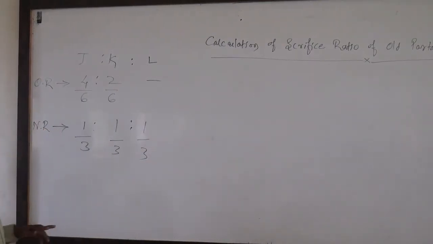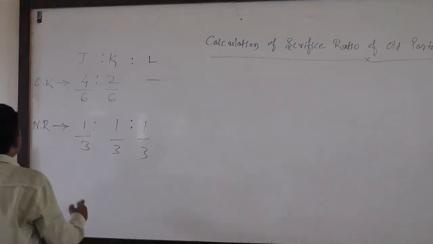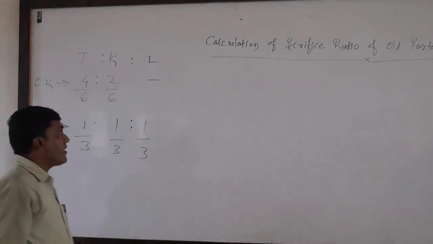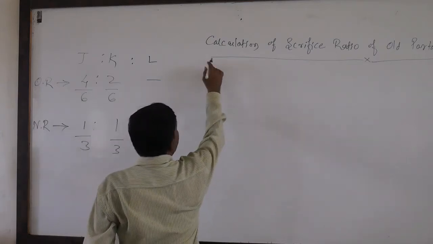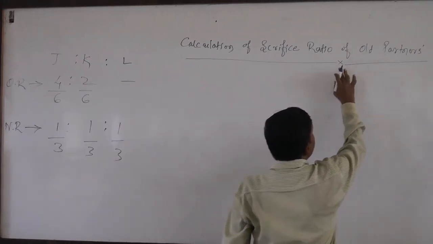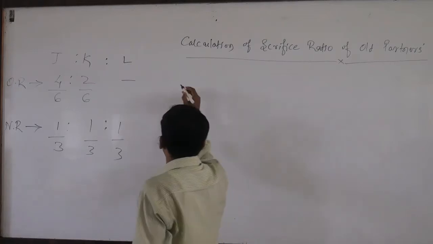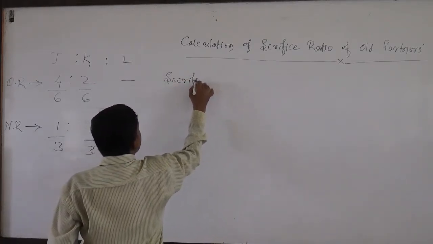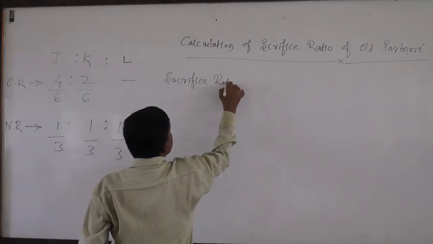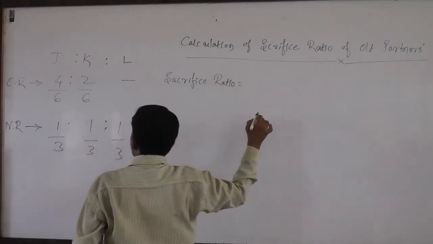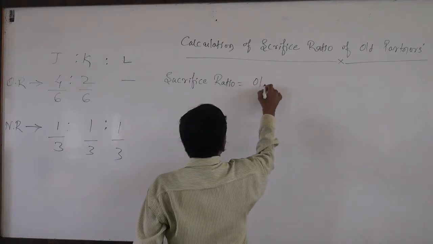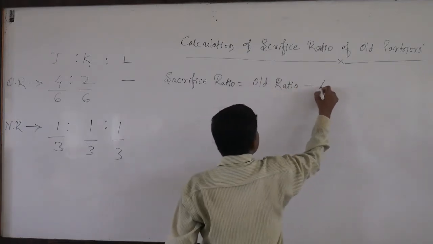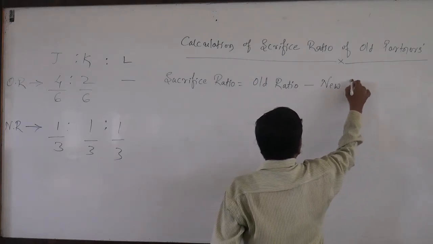For calculation of sacrifice ratio, dear students, we need these two ratios: one is the old ratio and another one is the new ratio. Calculation of sacrifice ratio of old partners: sacrifice ratio is equal to old ratio minus new ratio.